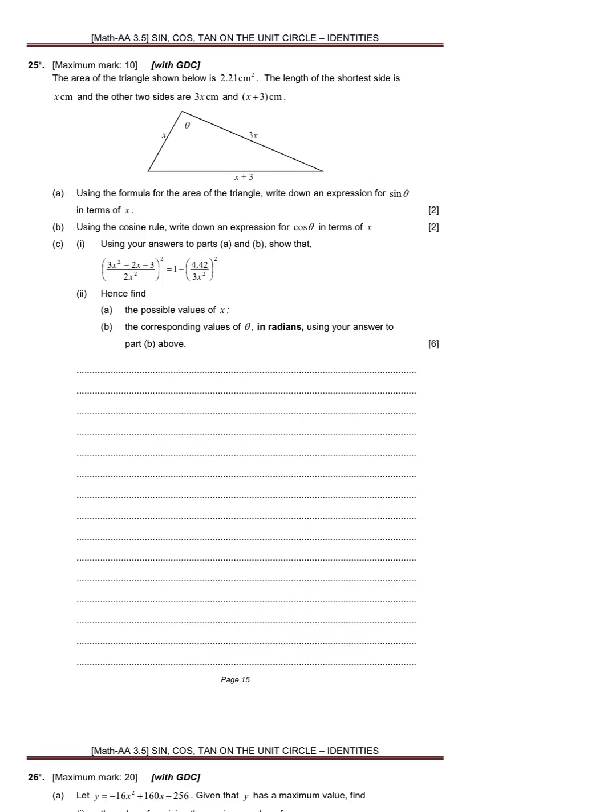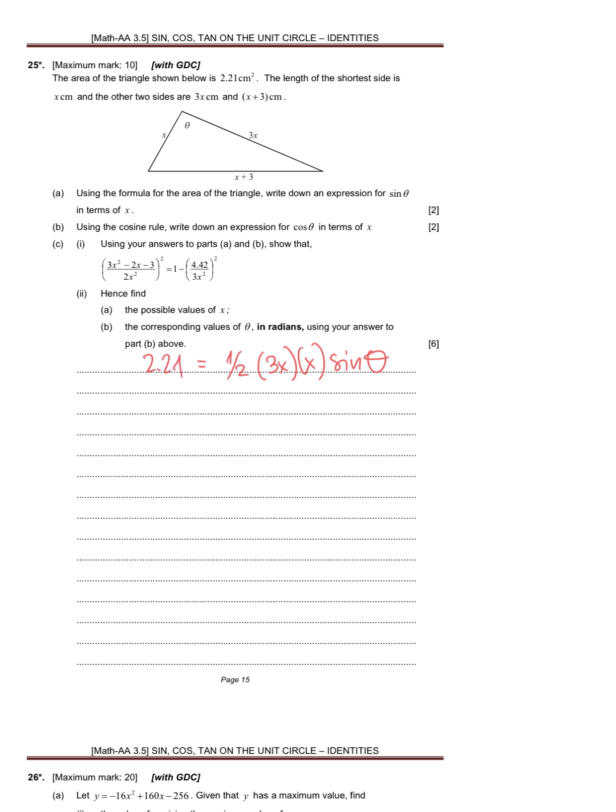All right, the area of the triangle shown below is 2.21. The length of the shortest side is x, and the other side is 3x. Using the formula for the area of a triangle, write down an expression for sine theta. Okay, so we have A is 1/2 ab sine theta, and we have the area, which is 2.21.